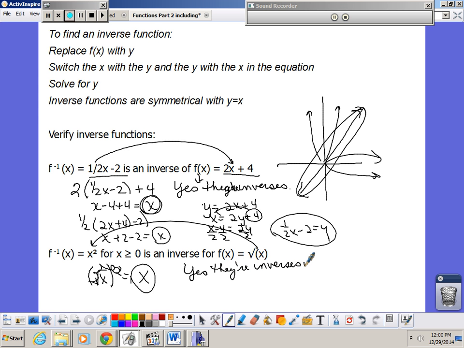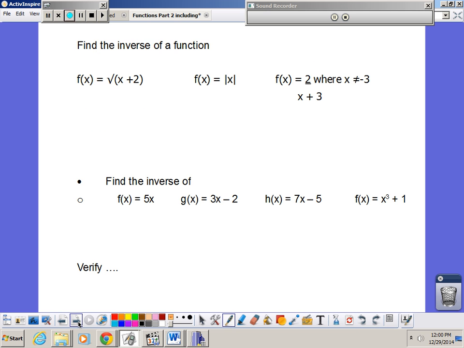I need to take that grammar test again. Or I could take this, switch it, x is equal to square root of y, square both sides, y is equal to x squared. So yes, they're inverses. There are two ways of doing it.